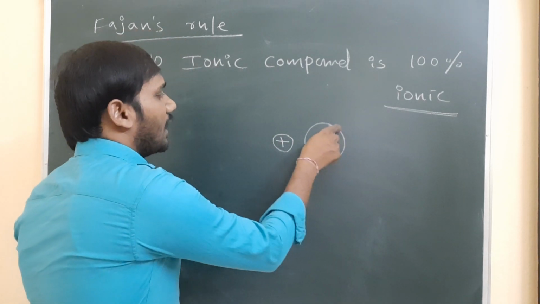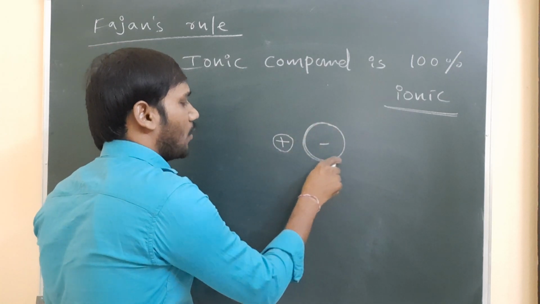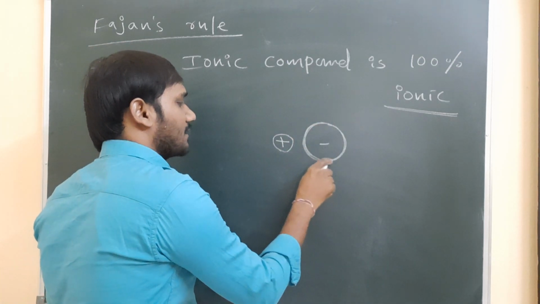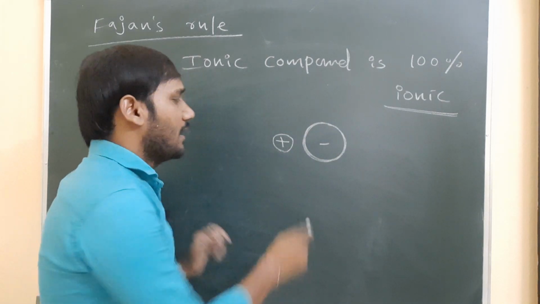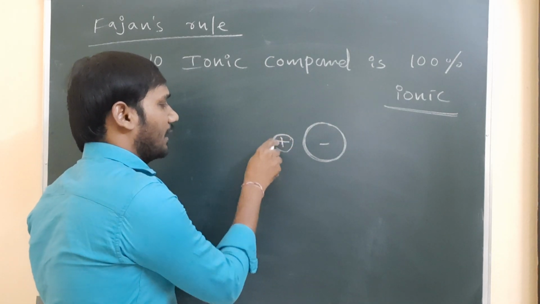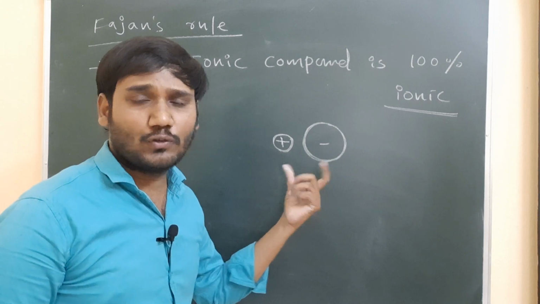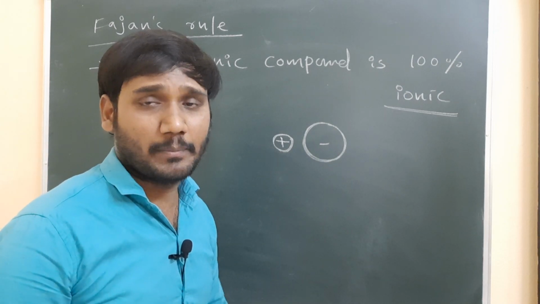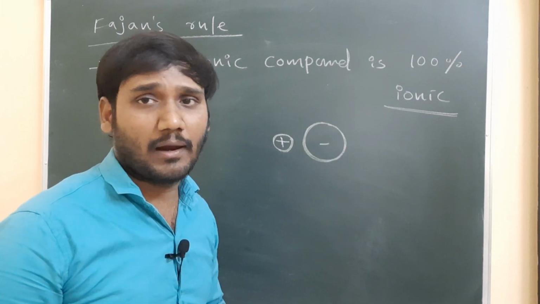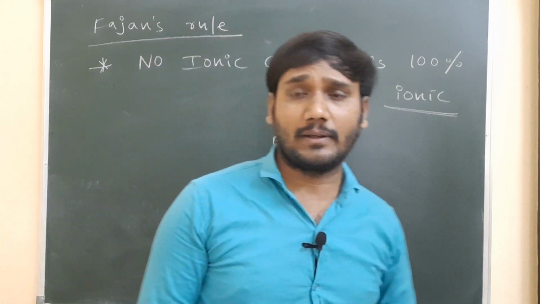This is the electron cloud of the anion, and this is the cation with its nucleus. Between these two, the attraction is very strong, because the cation size is very small, and small size means very high attraction capacity.